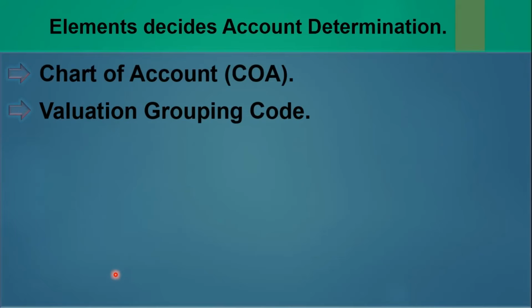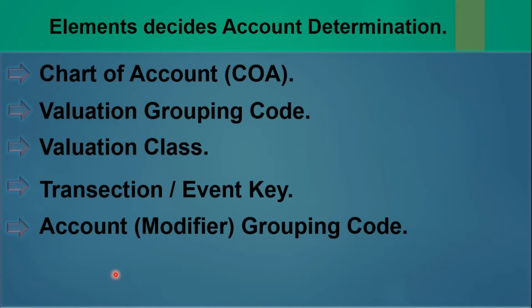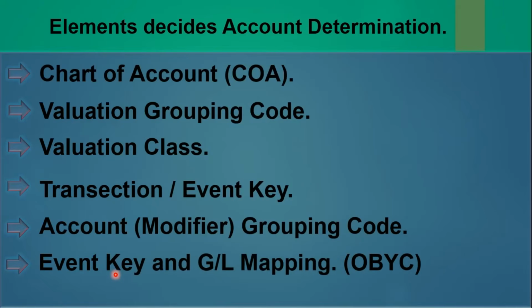Then we have valuation grouping code, valuation class, transaction or event key, then account grouping code, which is also known as account modifier, and lastly the event key and general ledger account mapping with valuation class. All these parameters are important in automatic account determination. So we will see one by one what exactly each parameter is.